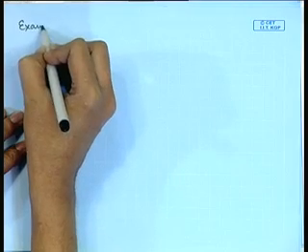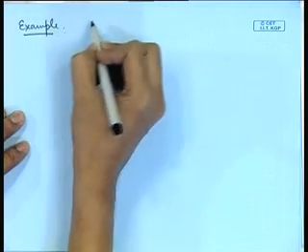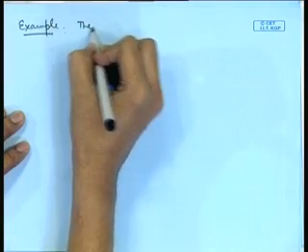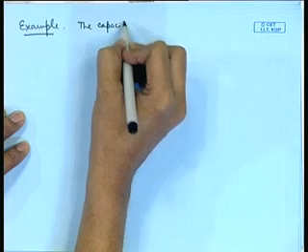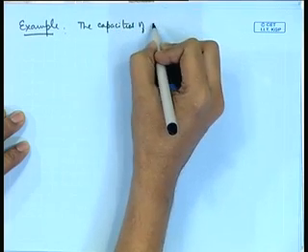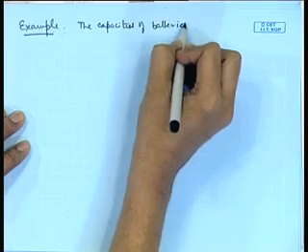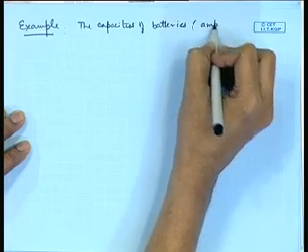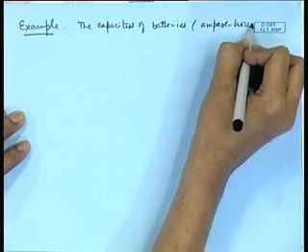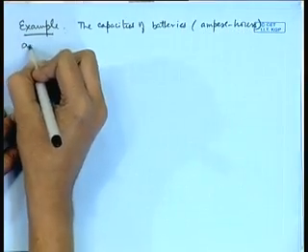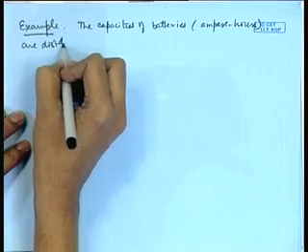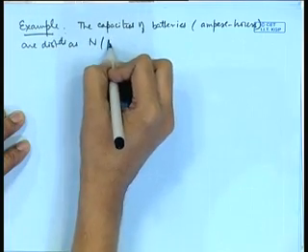Let me take another example here. The capacities of batteries, so these are measured in say ampere hours, are distributed as normal mu, sigma square.